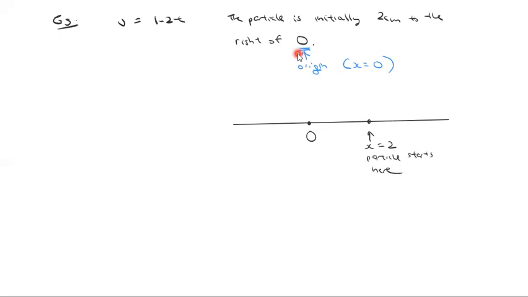Now, generally, we would assume to the right is positive and to the left is negative. So all that vector stuff basically coming back again. Yeah? All right, all makes sense so far?